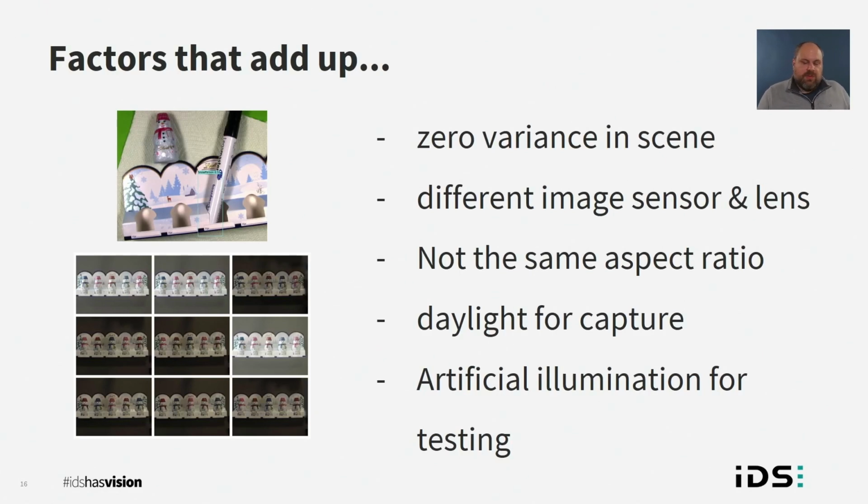I also used, there was daylight during my capture that influenced the results, and the artificial illumination was later used, but only for testing. So those are all factors that add up.